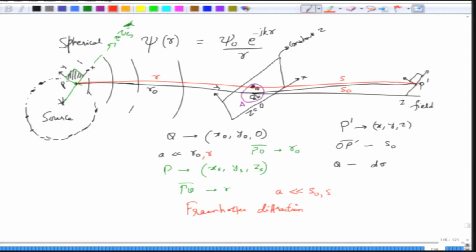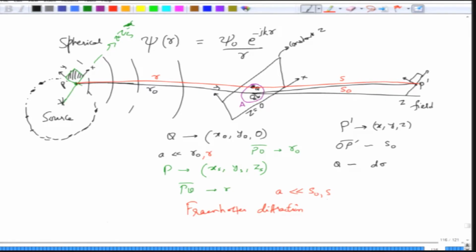There is a different formula which we will develop shortly, which actually gives the limits of where the Fraunhofer diffraction typically begins. Okay. But for now this is our geometry, and the basic idea of developing this Fraunhofer diffraction integral, or simply the diffraction integral, is to recognize three things.